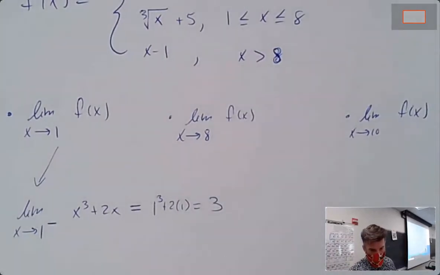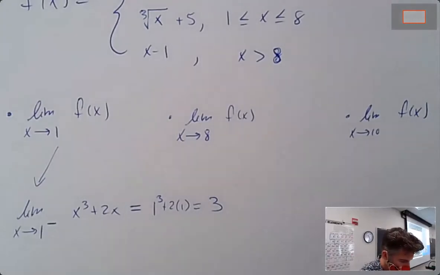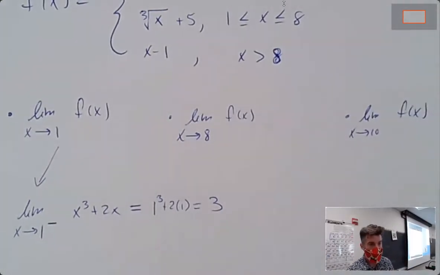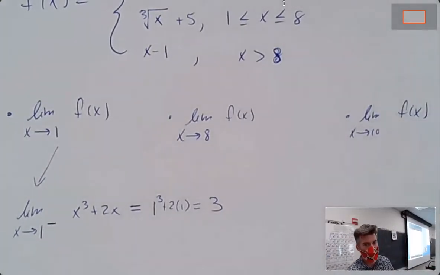And let's go ahead and look at the graph here. Don't worry, I'll show this back in just a second. If we look at y equal to x cubed plus 2 times x, you can literally see that when you plug in 1, you get a y value of 3, right there.